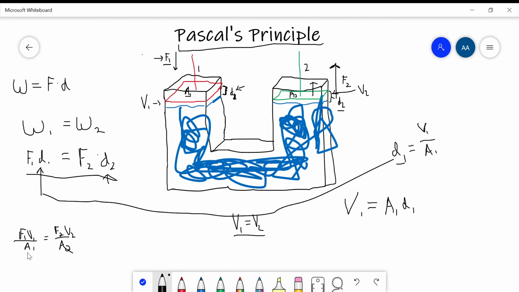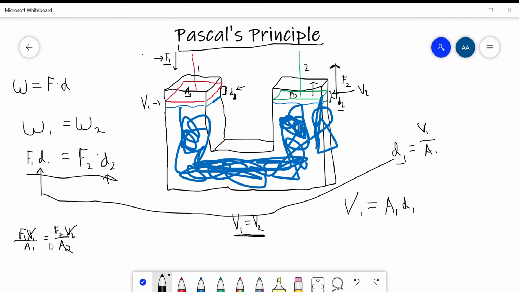So these two sides are going to be equal, but that doesn't necessarily mean that F1 is equal to F2. It does not mean that A1 is equal to A2, but we found out here that V1 is going to be equal to V2. So one thing that we can do is cancel these values since they're always going to be equal. And here is Pascal's principle. F1 over A1 is equal to F2 over A2.